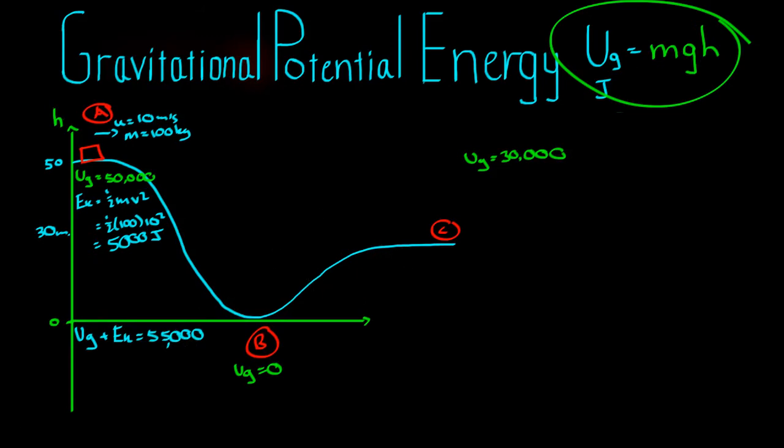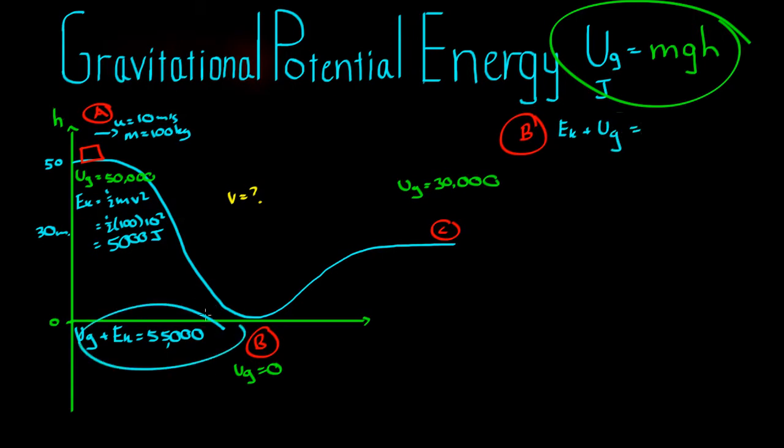So the next challenge is to work out what is the velocity at B. What do we know? At B, EK plus UG has to equal 55,000, just as it did at point A. 55,000. So EK plus 0 has to equal 55,000.